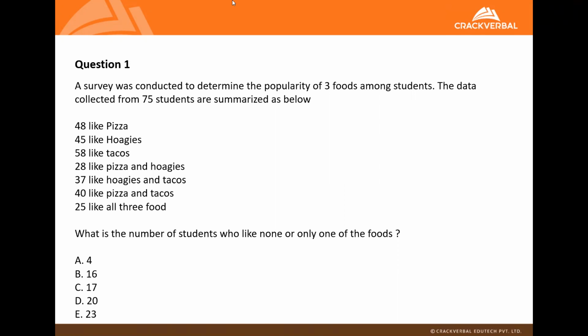I told you, make sure you read the question carefully and, more importantly, make sure you understand what the question asks you to find out. Final 10 seconds. I want an answer.